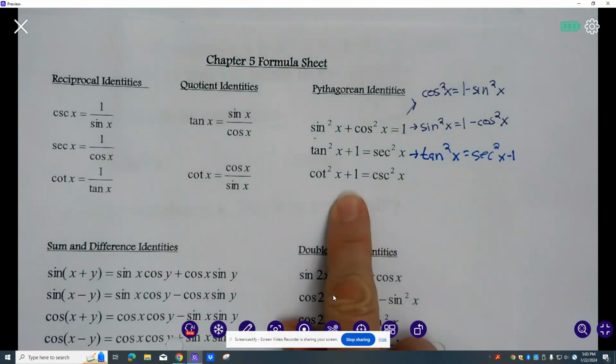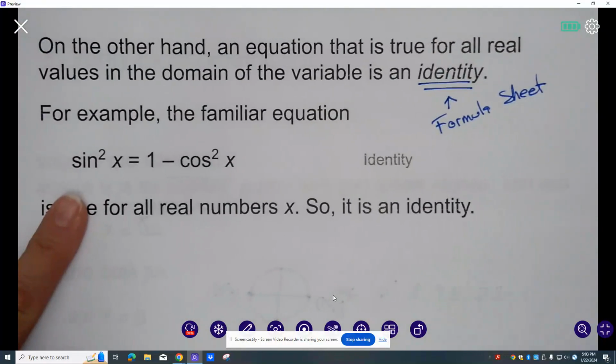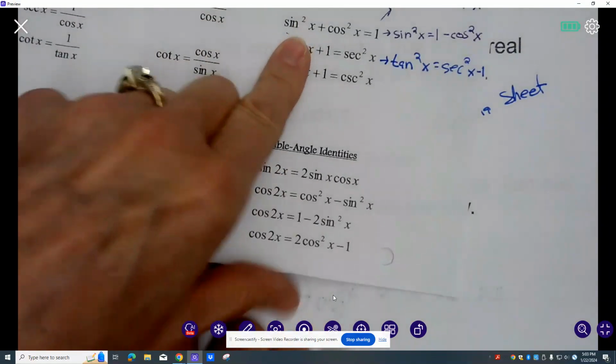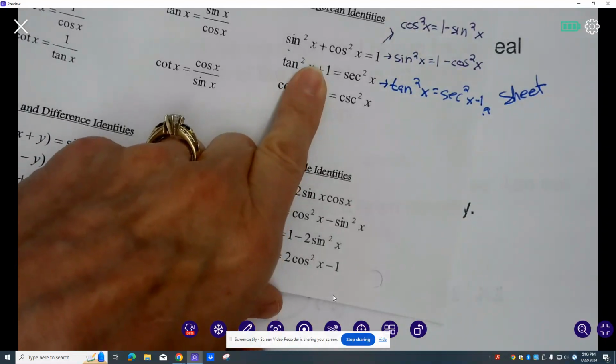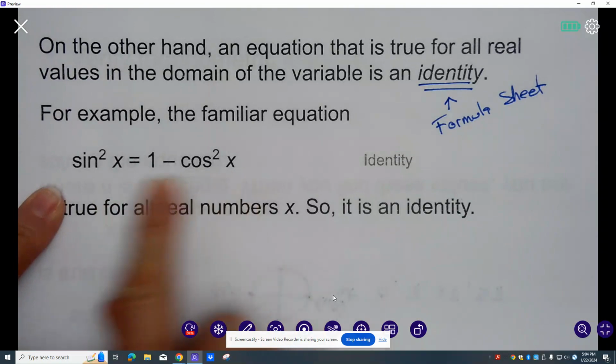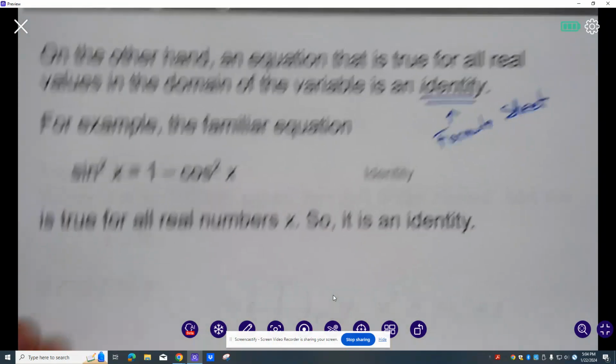So you can do algebra on these. So this is one of them. This comes from this one, sine squared plus cosine squared equals 1. But they've done that minus cosine from both sides, and they have this. So this would be true for all values of x.